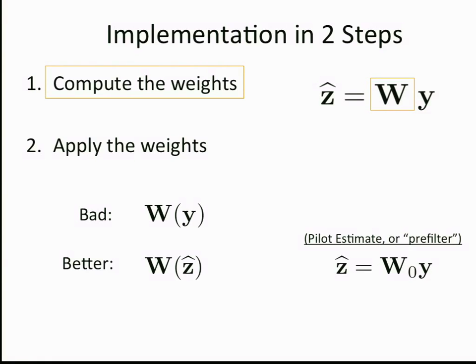We compute an estimate of z using some simple filter. It could even be a linear filter. Just apply a Gaussian. Okay, and then we compute the weights based on this. So the pre-filter is applied, the weights are computed, and then the weights are actually applied to the original image, not to this pre-filtered image. So from a practical point of view, this is how we proceed.